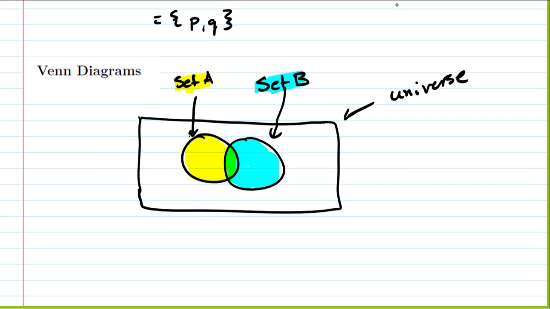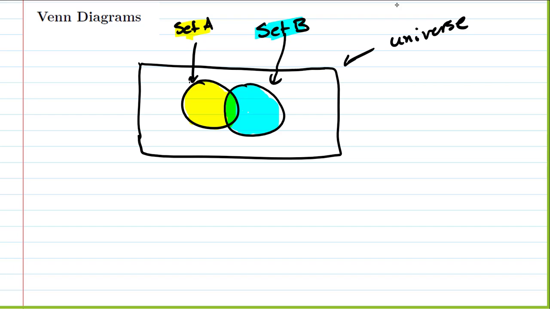Where the two sets overlap, what color do I get? Green. This green portion in our picture is the intersection, or the "and" of our two sets. So that represents A intersect with B in terms of a picture.